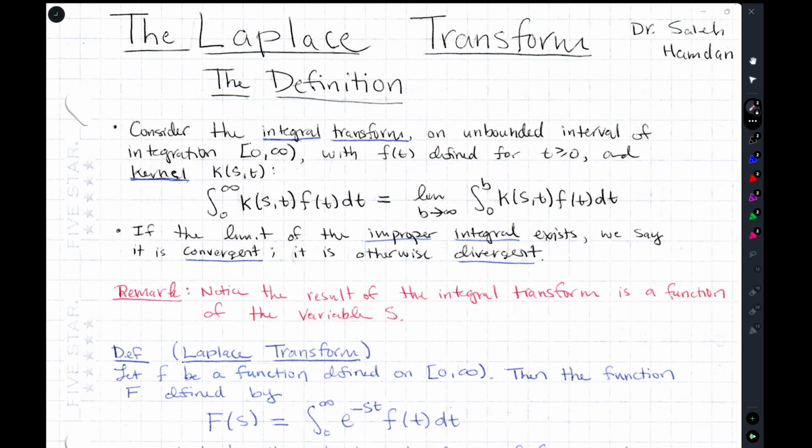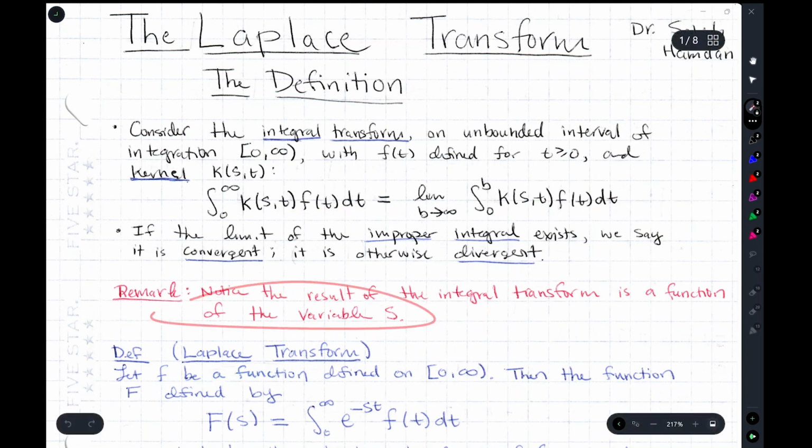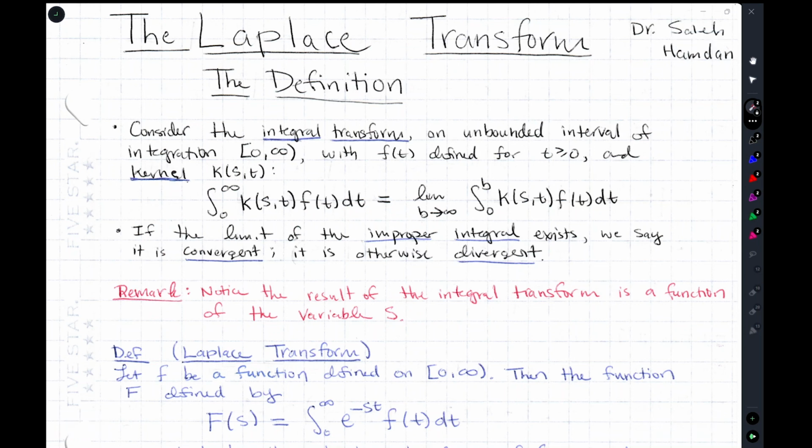You'll just get a number, right? Well, here, that will happen to the t variable, and so what you'll be left with is an expression of s. And so this final expression will be some function of s. We integrated away t. Okay, so that's just this remark over here.